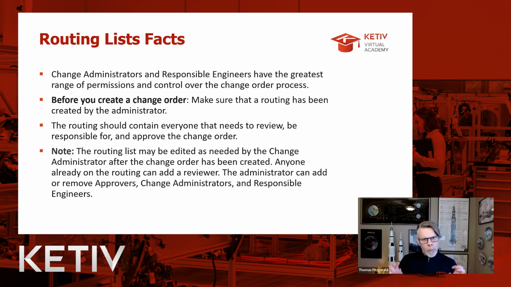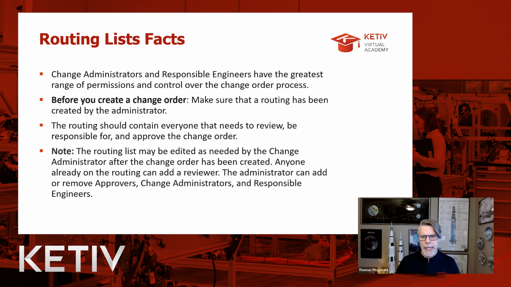So when you decide that you want to do change orders, step number one, make sure you have roles and responsibilities identified. You know, what users are going to be working with the change orders. And then once you have those roles and responsibilities set up from their user accounts, we start making our routing list and then start assigning additional roles to the routing list.